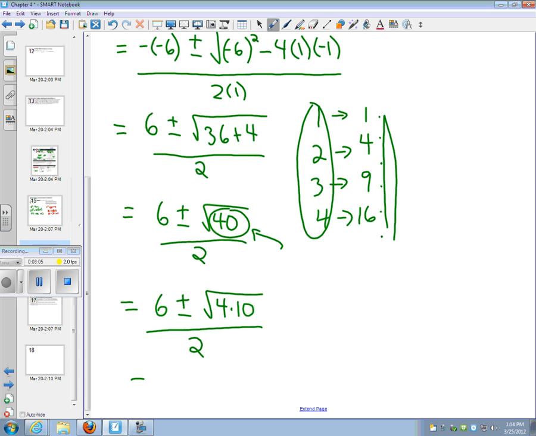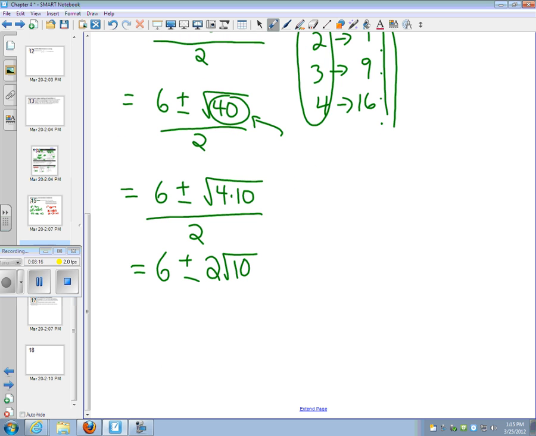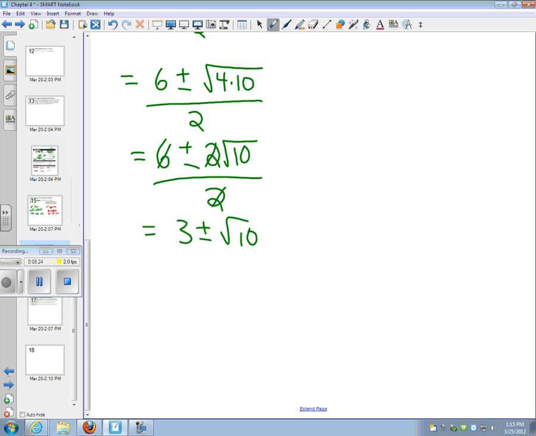Okay, so I go 6 plus or minus, well the square root of 4 is 2, so I can put 2 outside and then square root of 10, all divided by 2. I can divide each of these by 2 and I get 3 plus or minus the square root of 10. So my answers for x are 3 plus root 10 and 3 minus root 10.